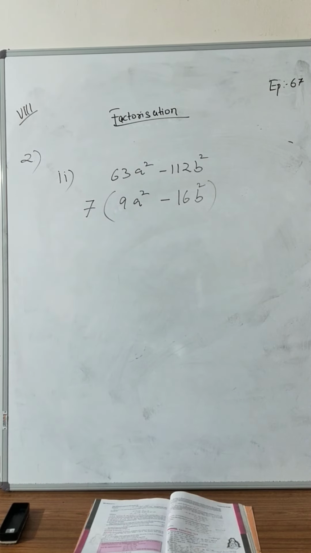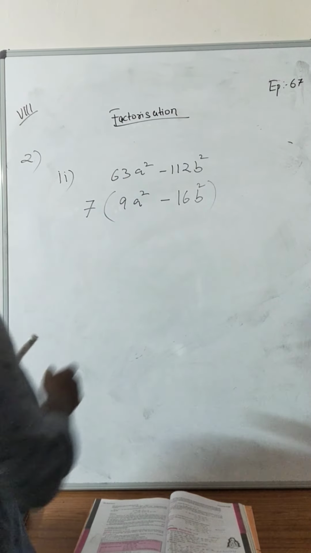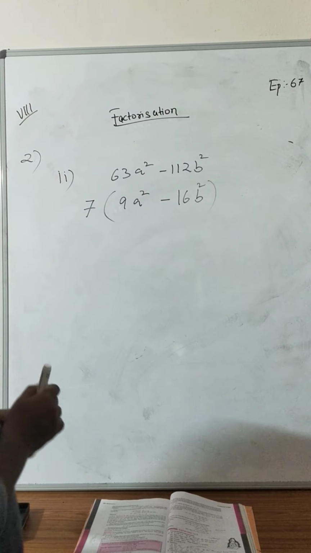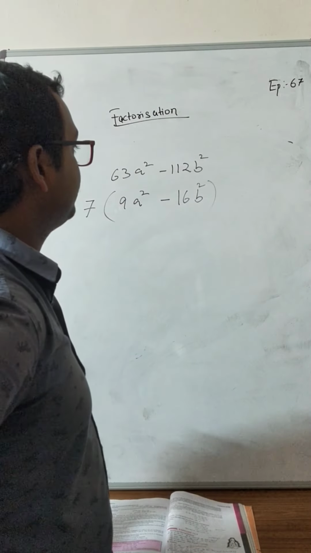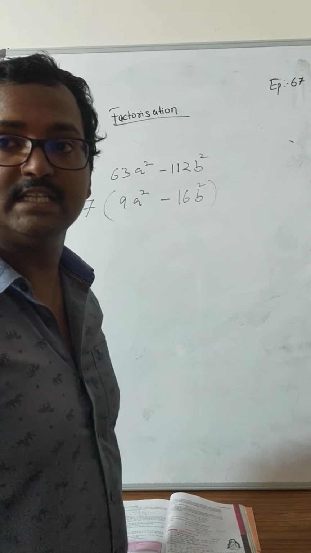When I take 7 as common, from the first term I will have 9a square, and from the second term I will have 16b square, because 7 into 16 is 112.